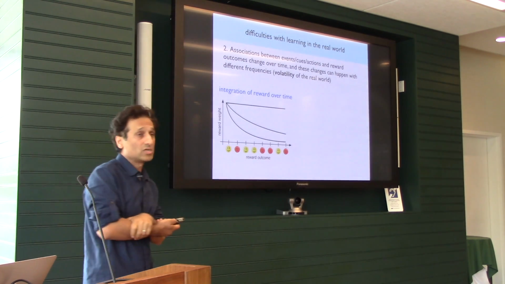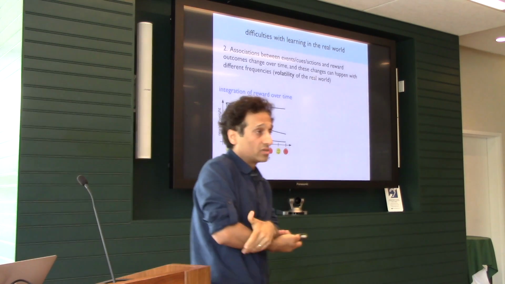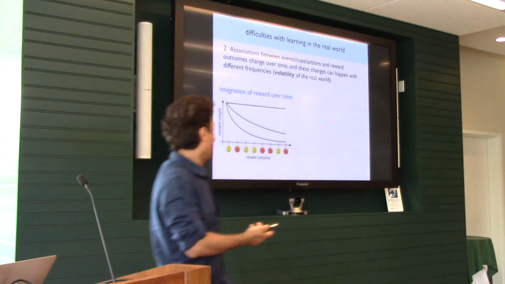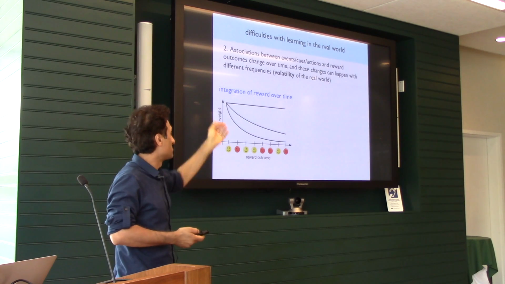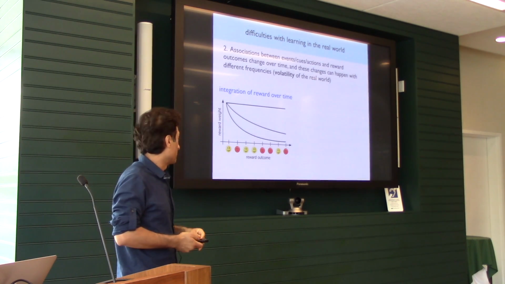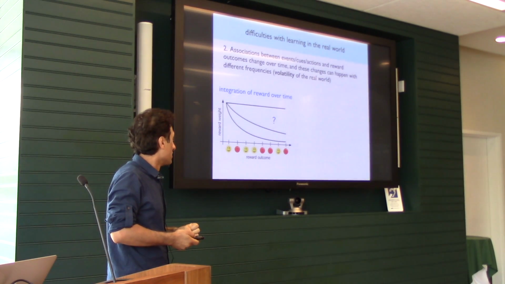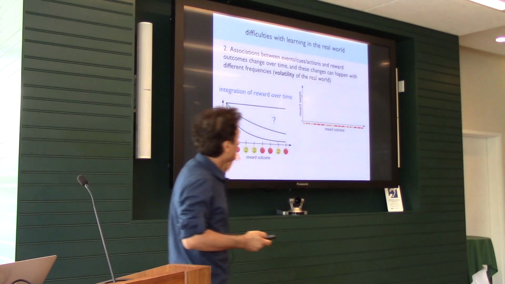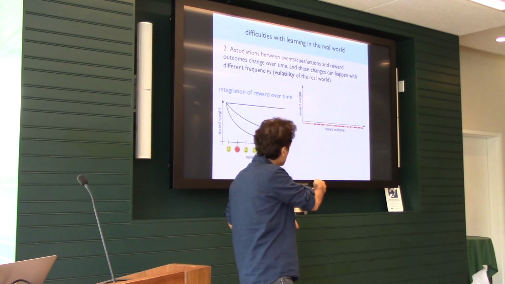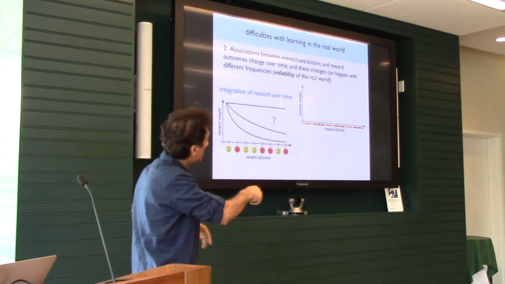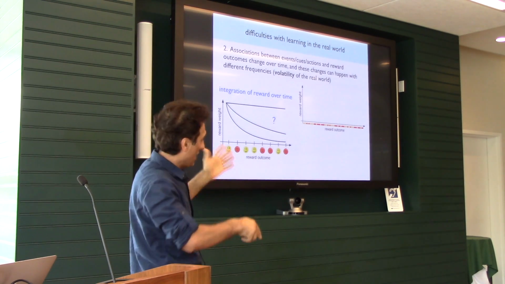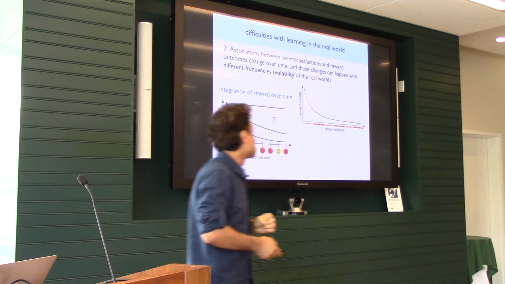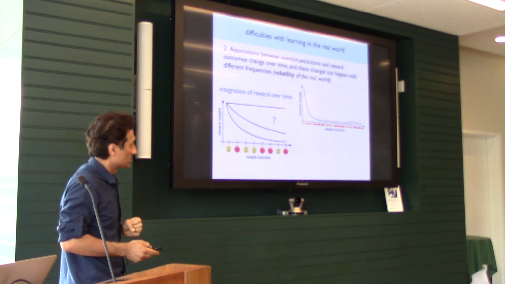But what is the time constant for that? It's a big, difficult question. And people have many different models to look at what is the best or optimal integration of reward outcome over time. So you can think about it, if you are in an environment where things are changing rather quickly, so you see things are good, bad, on average, you want to integrate on a short time scale, yes?